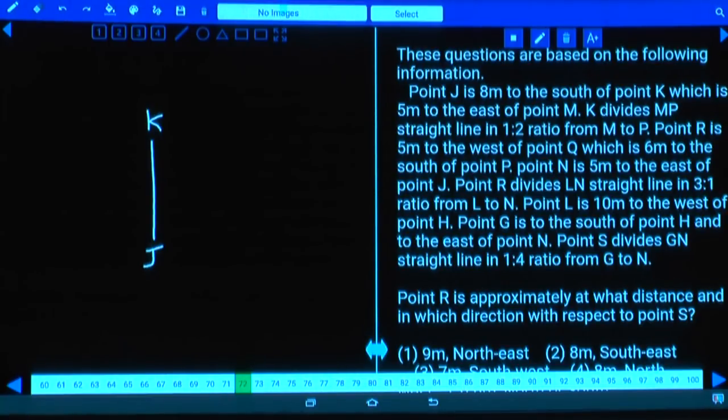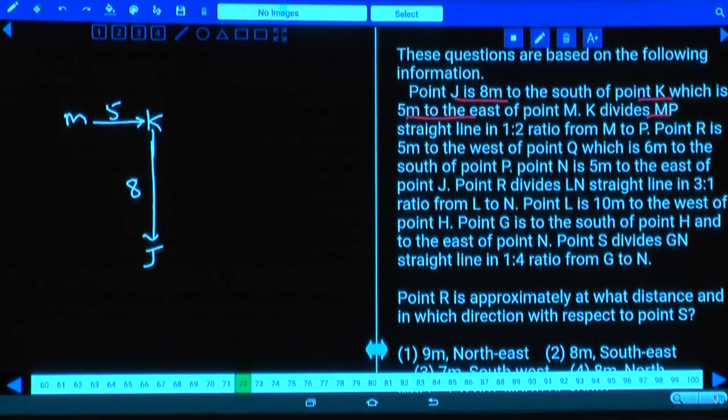What is the other information? K is 5 meters to the east of M. And the distance between these two is 5.